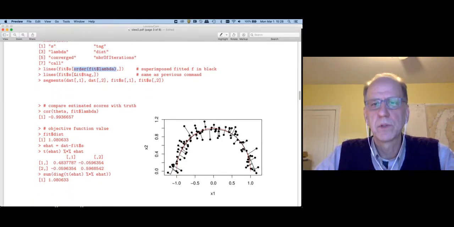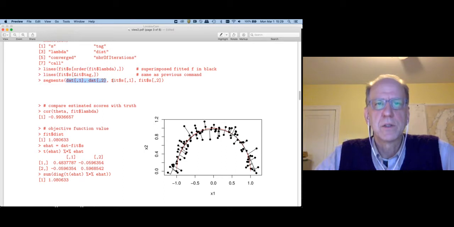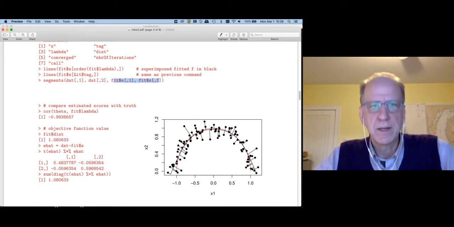So either one of those gets us to this black curve. Now I've also shown the projections of x onto this black curve. You can do this with the segments command. So segments draws a line segment from each row of dat to each row of fit$s.